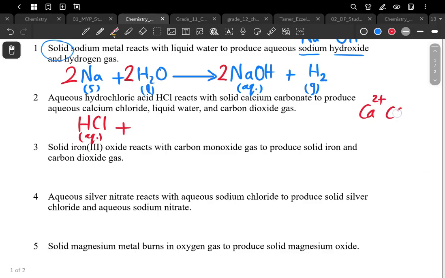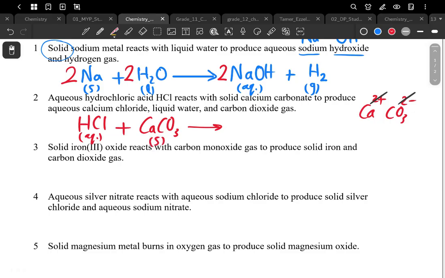And carbonate, one of the polyatomic ions, which has a charge of 2 negative. And obviously you can see that the charges are equal but opposite, so they cancel each other. So the final formula of calcium carbonate is actually CaCO3. This produces, and calcium carbonate is solid in the solid state.